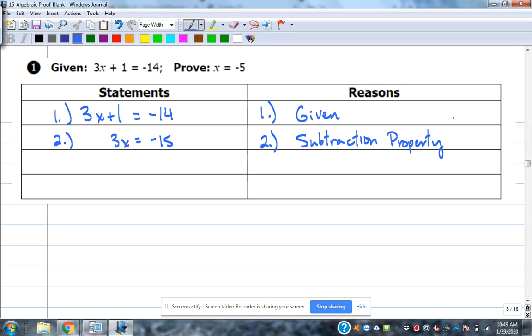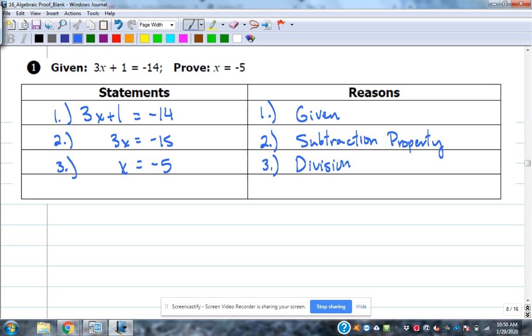Not necessarily, no. We shouldn't need them all on this one. They just put enough there in case you did it a different way, which I don't know how else you would do this one. But the last statement would be x equals negative 5 by what property? Division. And it's okay.